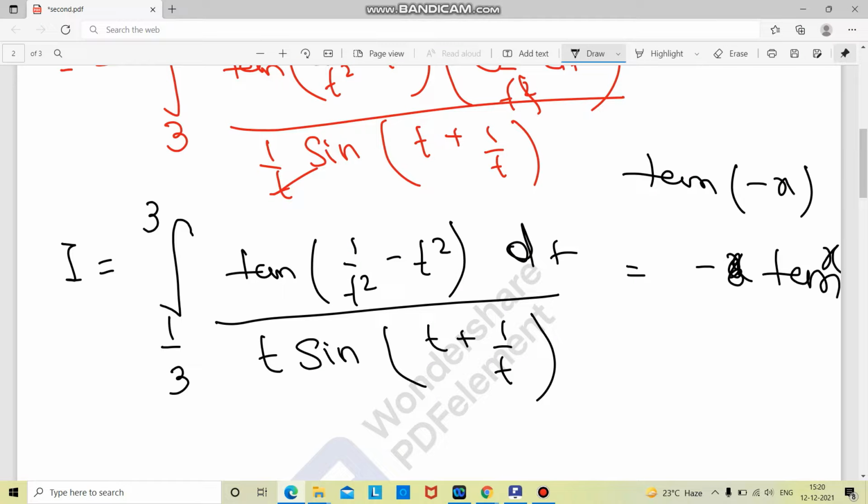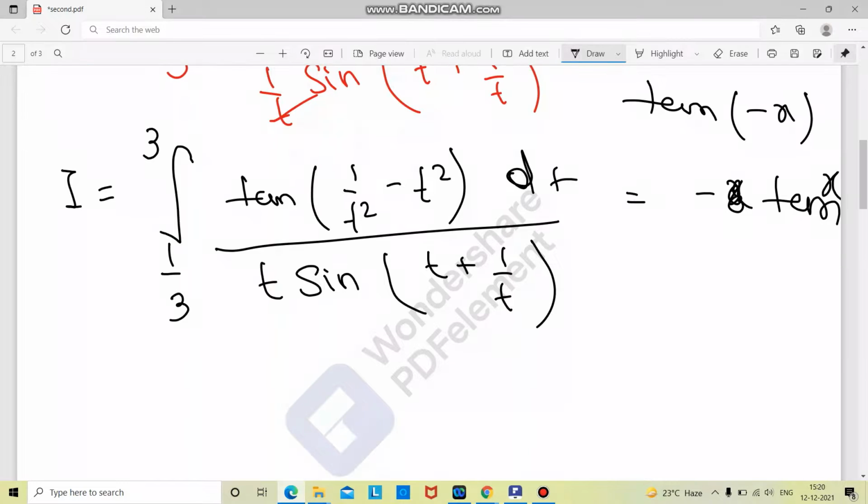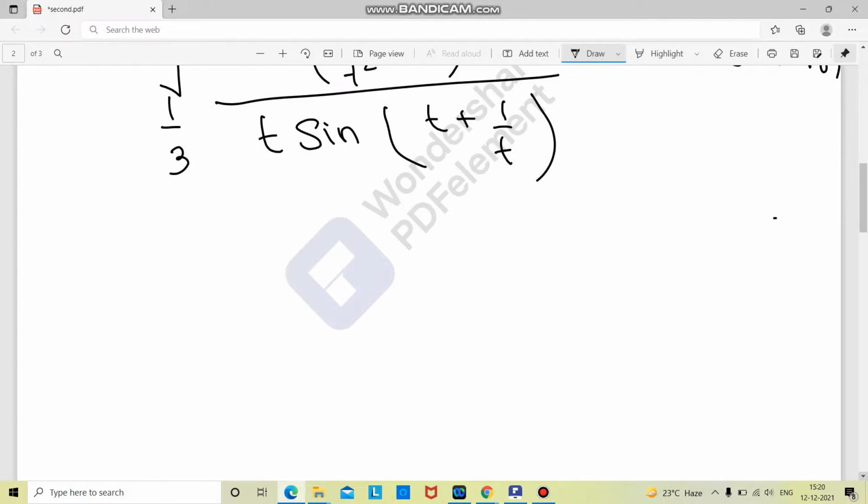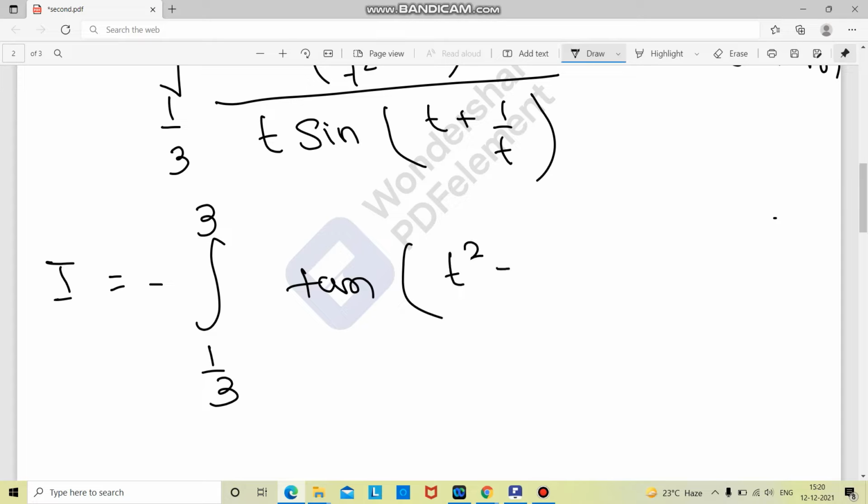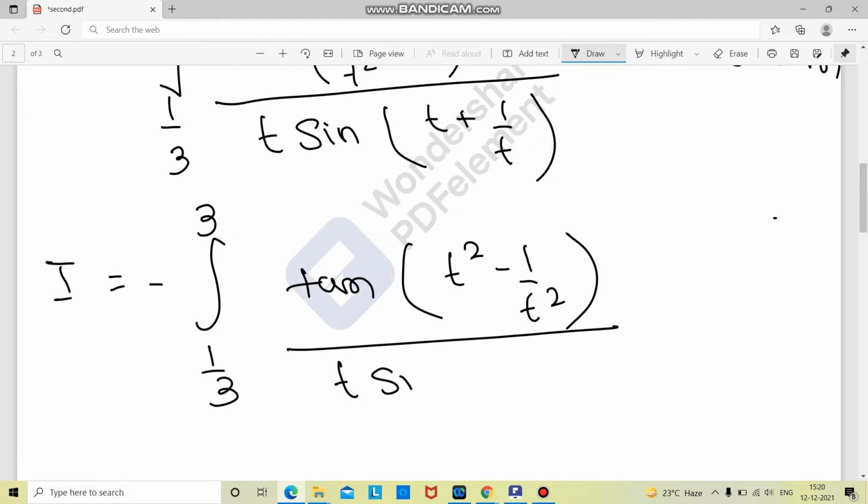We will use this property and our I becomes minus times integral from 1 by 3 to 3 of tan of (t square minus 1 by t square) by (t sine t plus 1 by t) dt.